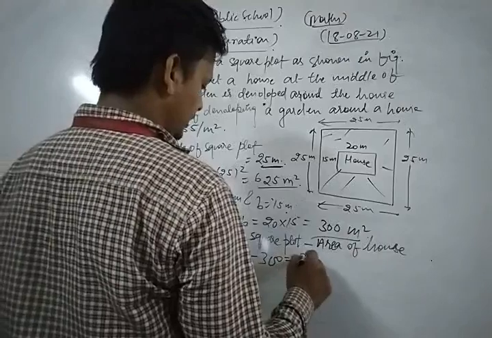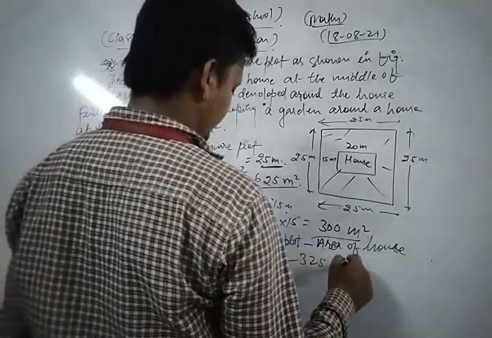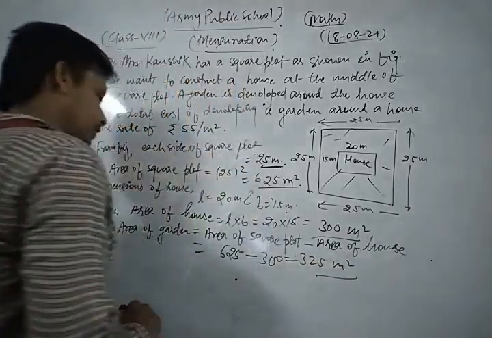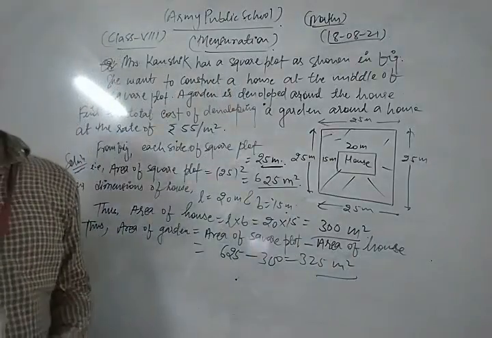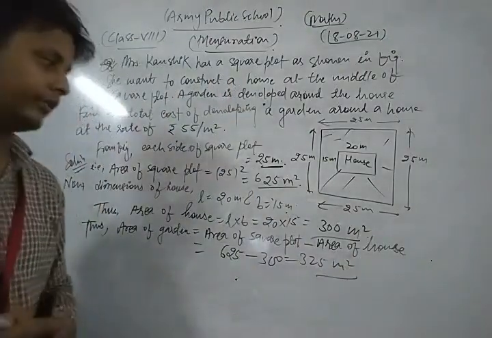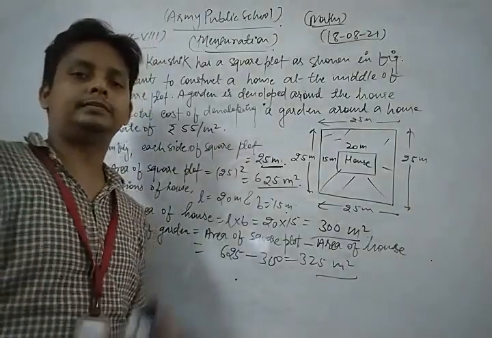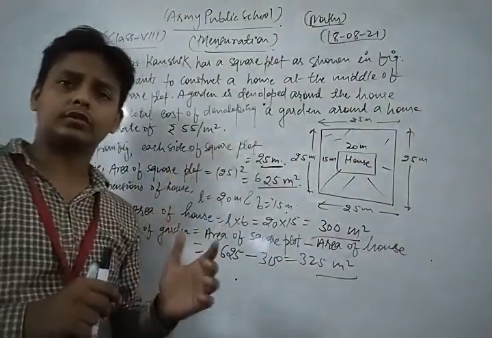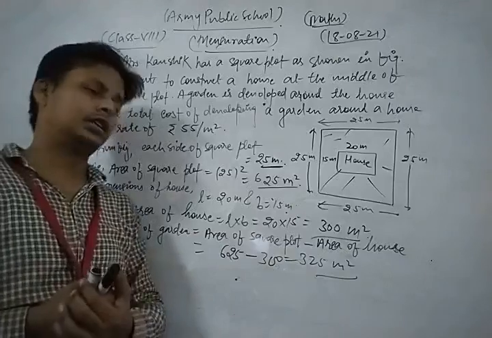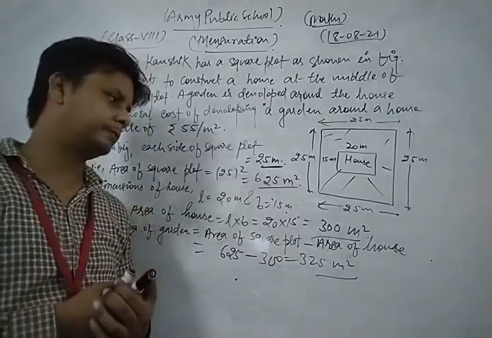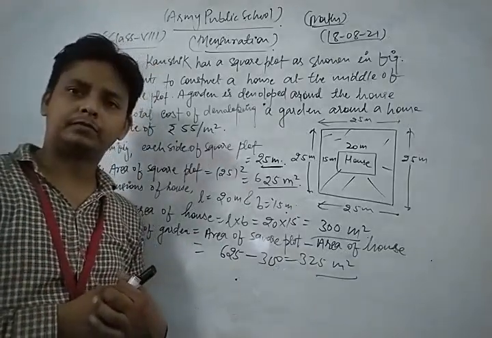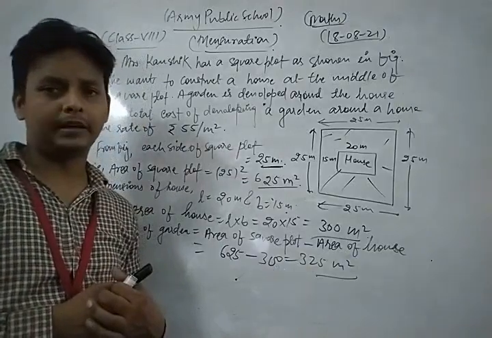So we get 325 meter square. After subtracting, the area of the garden is 325 meter square.